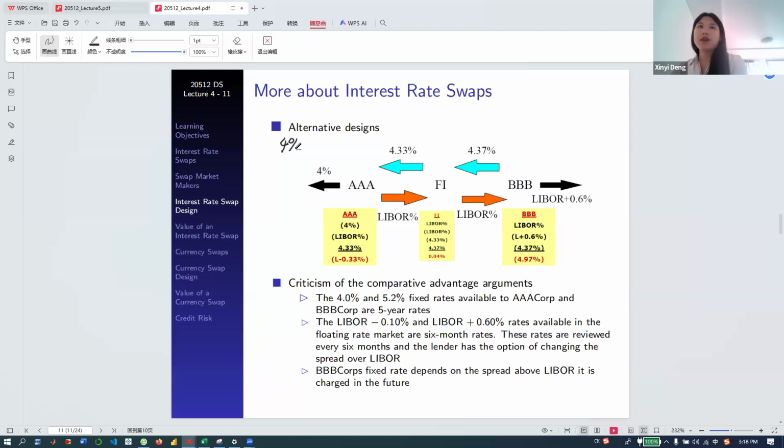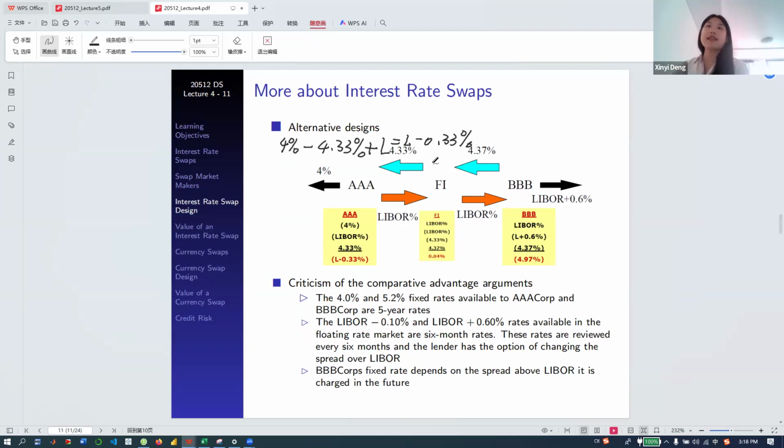Since we are calculating the cost, 4% is its cost, and then it's receiving 4.33%. So we have to subtract that. And also it's paying out the LIBOR. And that's going to be LIBOR minus 0.33%.